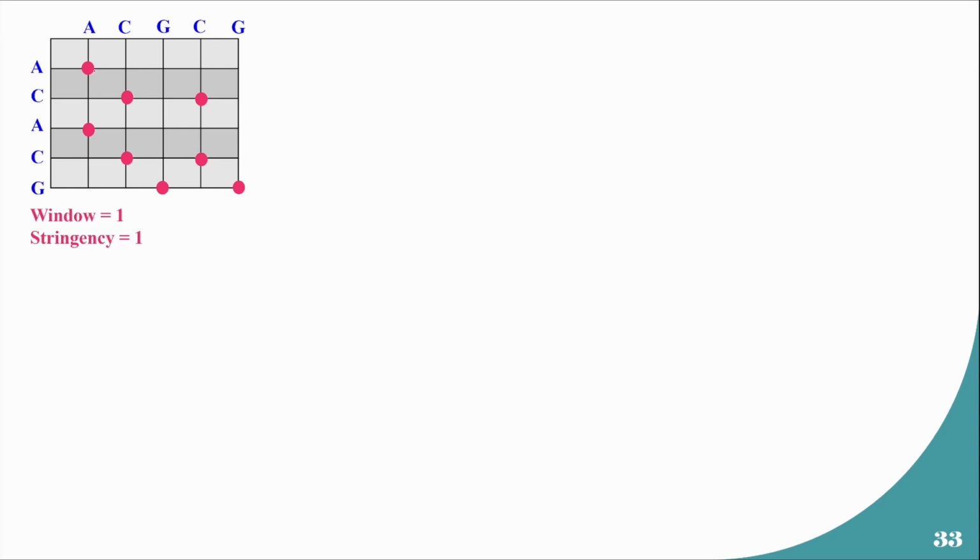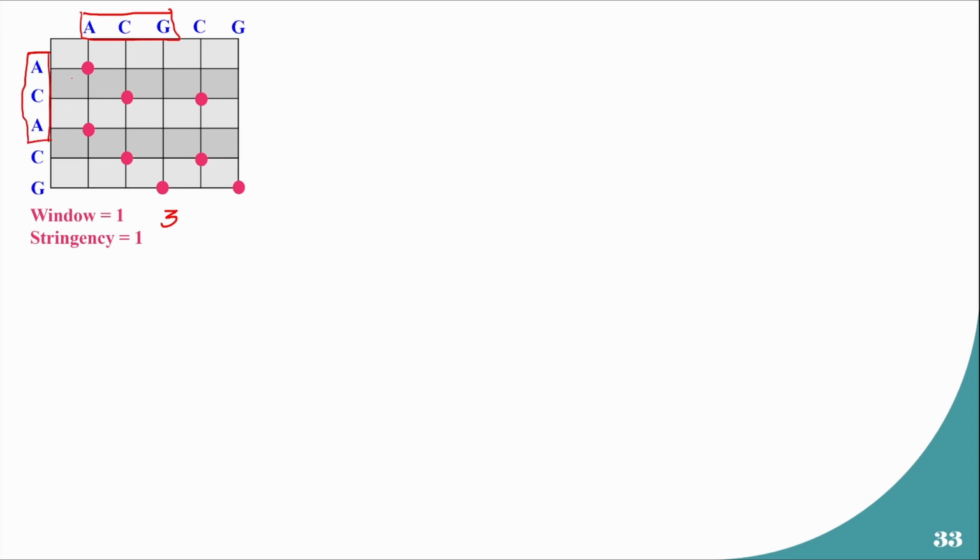So we are comparing each character, and stringency 1 means it is very strict for comparing each character. In this particular case, it doesn't matter because the window size is 1 only. But let's say we had a window size of 3 instead. Then for the x and the y axis, we'll start comparing 3 characters at once.